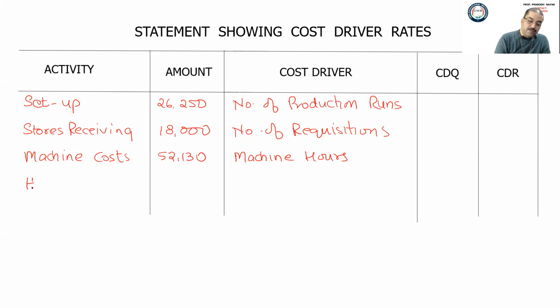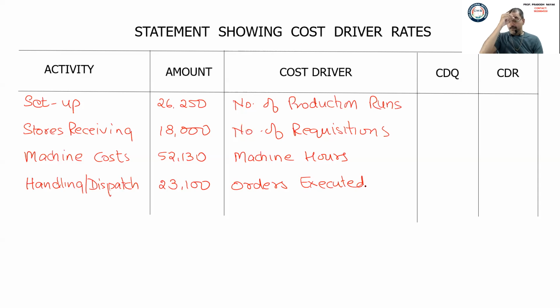Handling and dispatch, $23,100. Orders executed. Now we don't have the cost driver quantities here, so we'll have to calculate. I'll give the working note here.